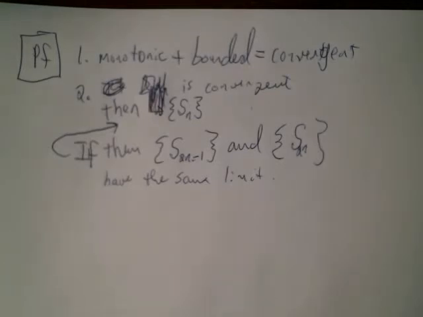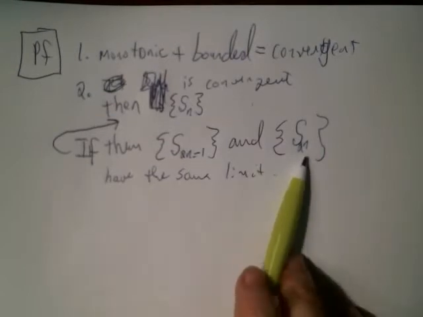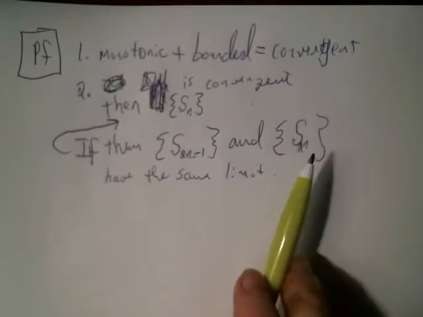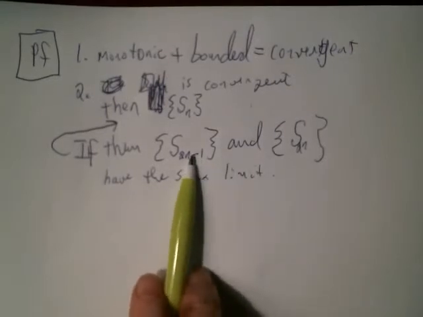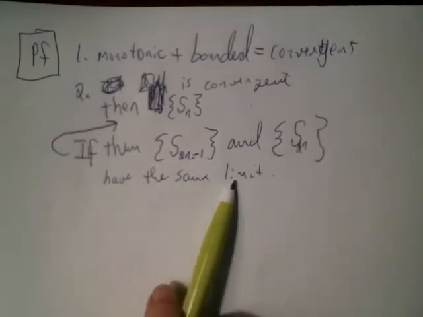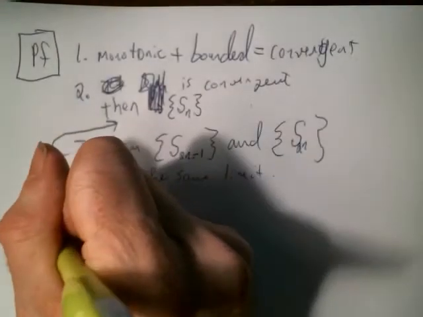But anyways, long story short, yeah, if the limit of the sequence of even terms equals the limit of the sequence of odd terms, then the sequence itself is convergent. So let me write that then.